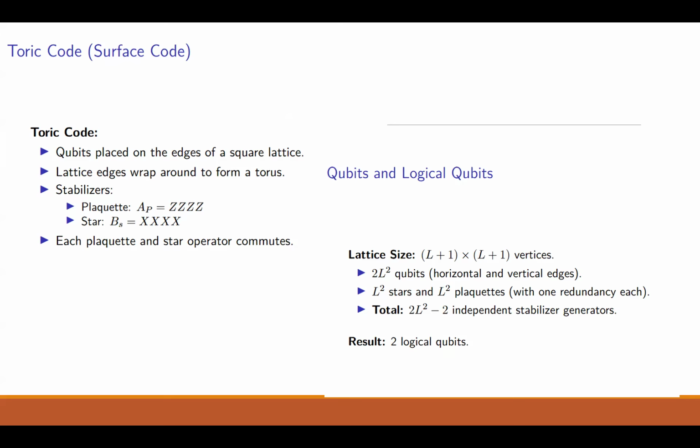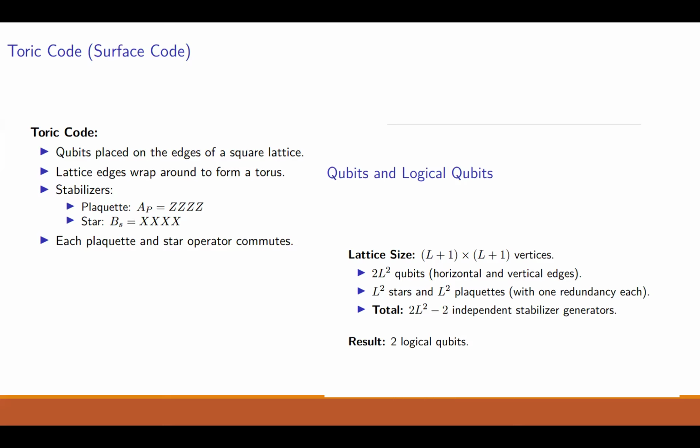Here the multiplication is the tensor product. So you have 2L squared qubits but only 2L squared minus 2 independent constraints.